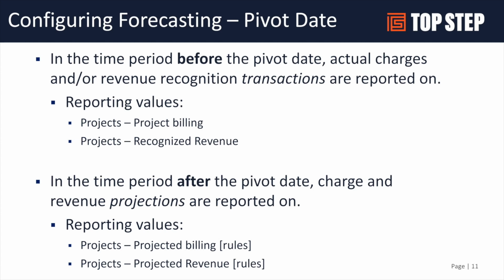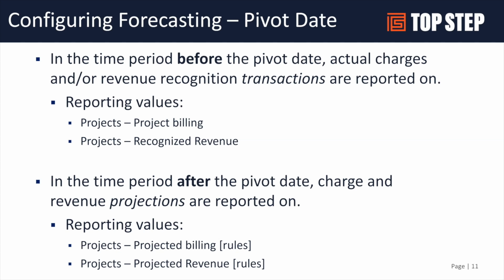If you are looking at the period before the date, you're getting actuals, either charges and/or revenue transactions. The reporting values there would be project billing and recognized revenue. So as you're looking at your reporting in OpenAir, those would be the values you'd report on.